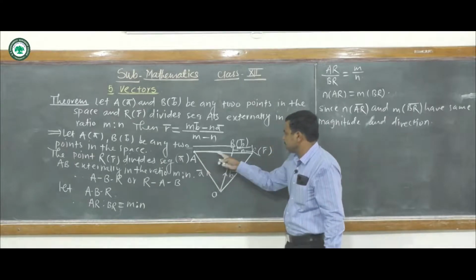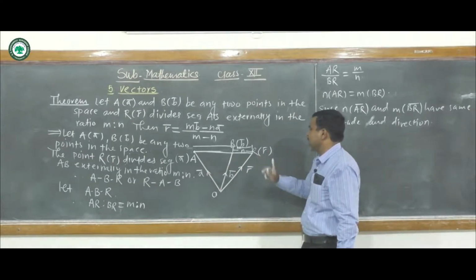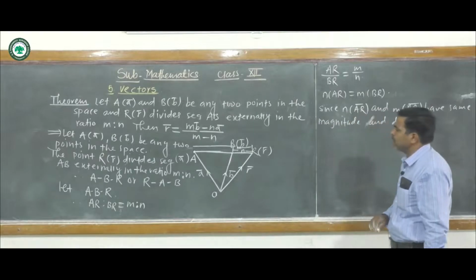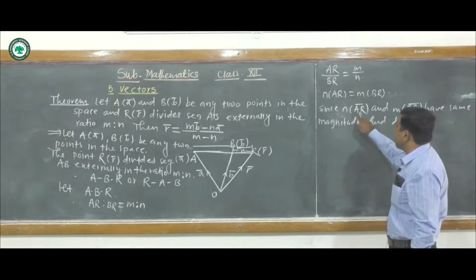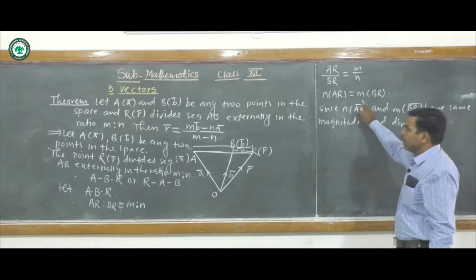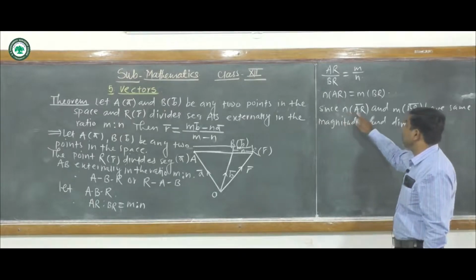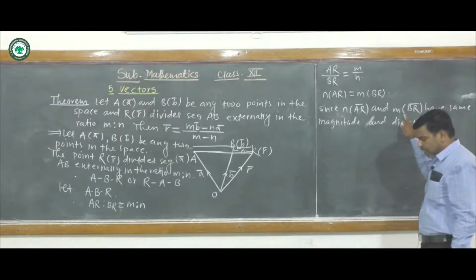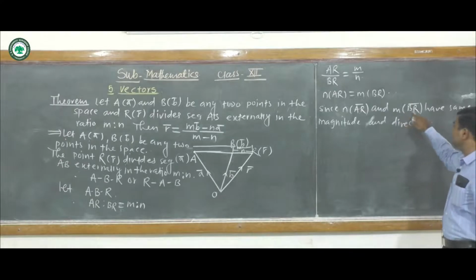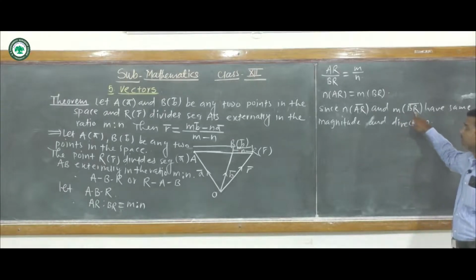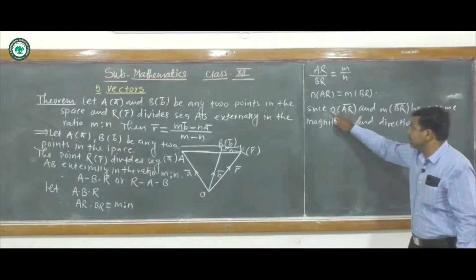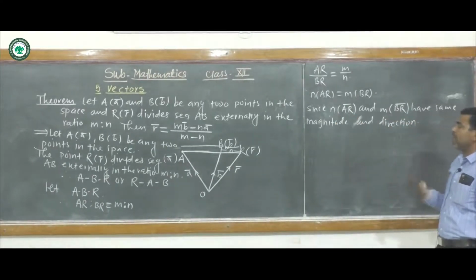AR this direction and BR this direction. Both have same direction. What about magnitude? N into AR bar. Magnitude of AR bar is nothing but the length of the segment AR, and that is m. N into m become mn. What about the magnitude of m into BR bar? M into magnitude of BR bar is n, because that is the length of segment BR. So this is m into n and this is n into m. So both have magnitude mn. So mn is equal to mn.